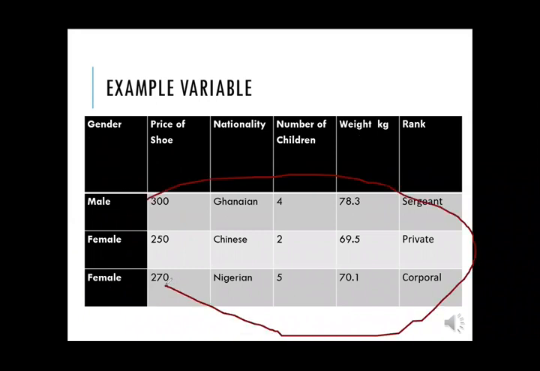Don't forget, this is the data, and these are the variables. The data can be classified into the numeric types and the non-numeric types. These are non-numeric types, so they are quality. Good. So let me clear the screen.